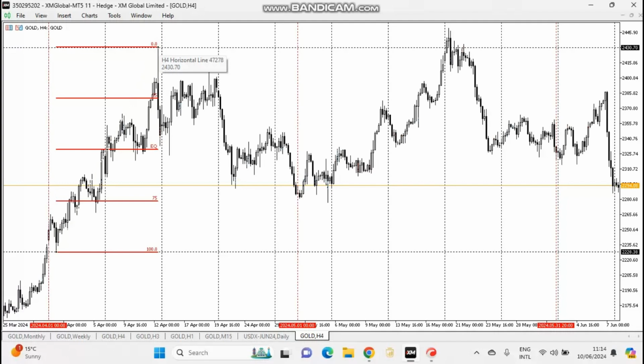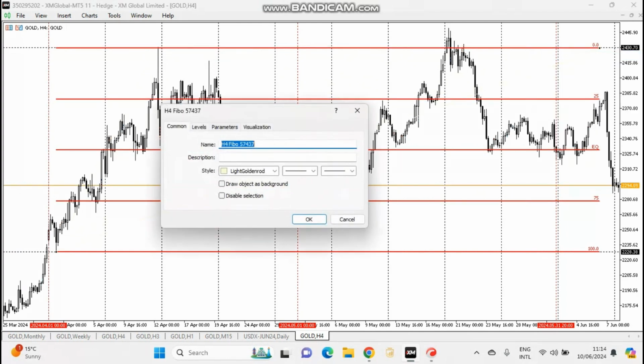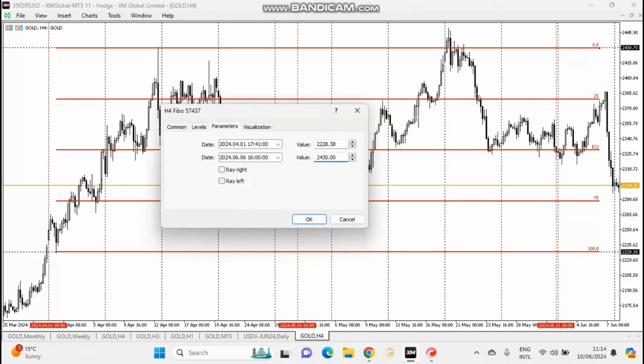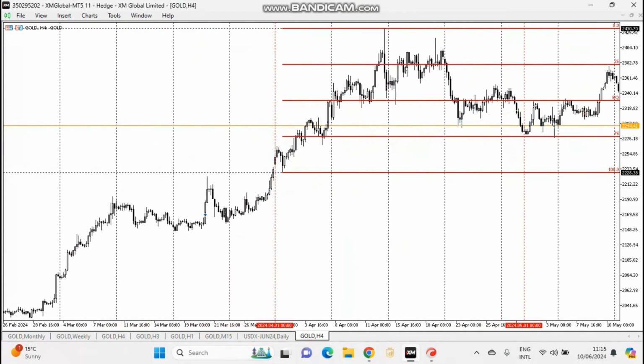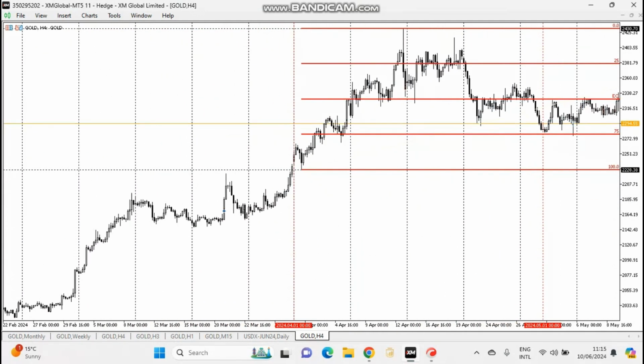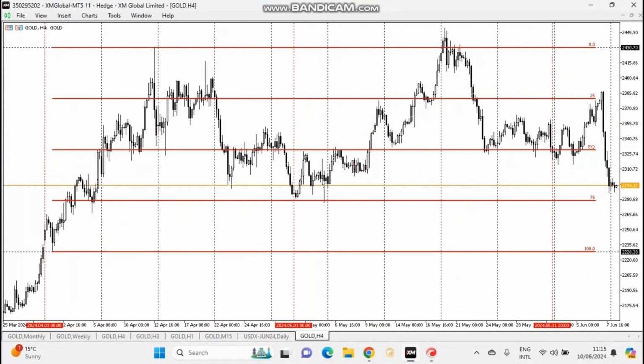I want to pull it until it is taken, so let me just pull it right there and fix the parameters. So this is what we have. If you're looking at it this way, I know it's high and high, but that's the low, that's the high, and these are the levels that we have right there.